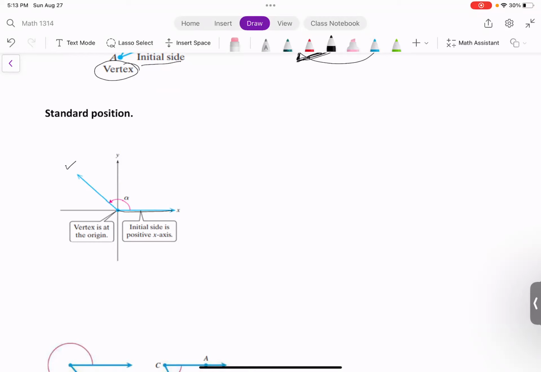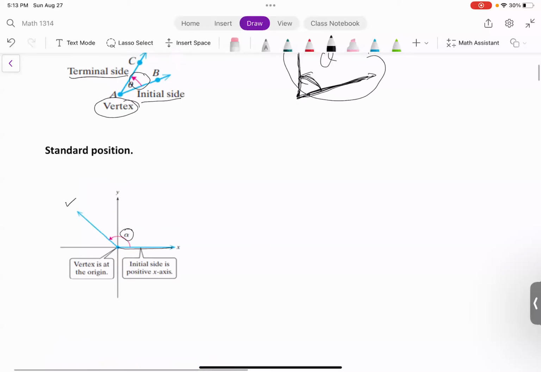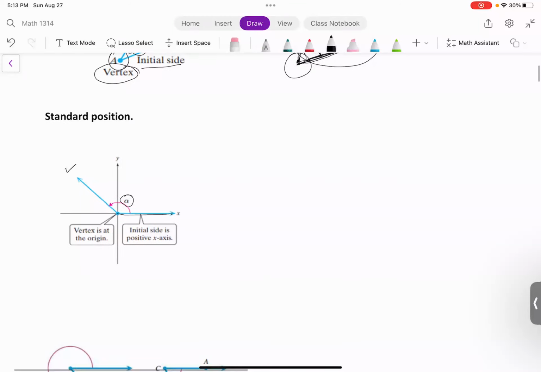Then we find our terminal side here. And alpha is the angle formed by the initial side and the terminal side. The vertex, in the previous two examples, we put at the origin of the XY plane.